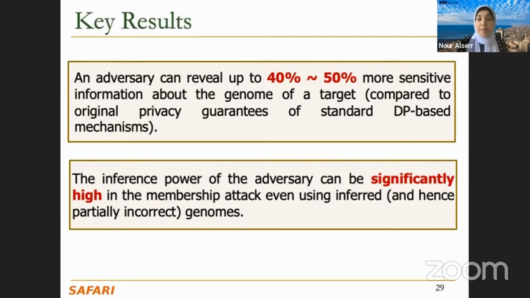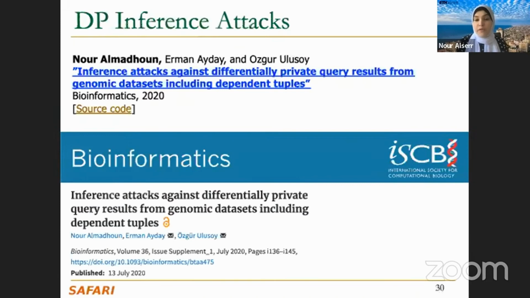After sending some queries, he can infer the membership of that victim. You can find more details about the 2 inference attacks in our paper. It was presented at ISMB and published in Bioinformatics, and it's open source as well. You can find there all the algorithms we have, examples of what we did and so on.